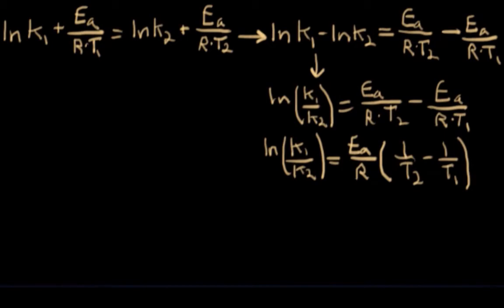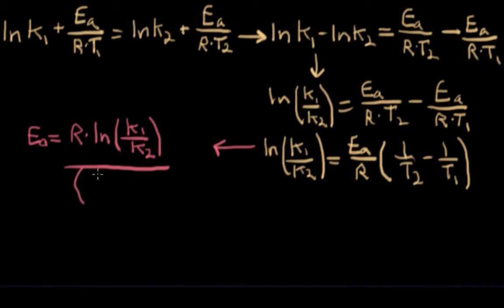And now we are ready to solve for E sub A. So what we get is this equation. Solving for E sub A, we get E sub A equals the gas constant R times the natural log of K1 divided by K2, all over 1 over T2 minus 1 over T1.